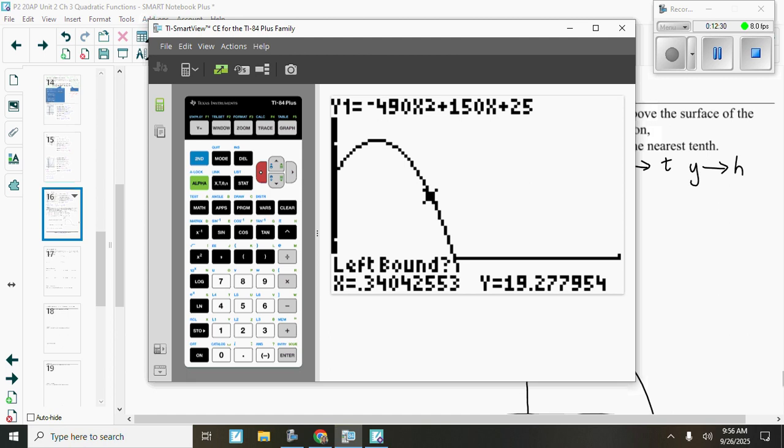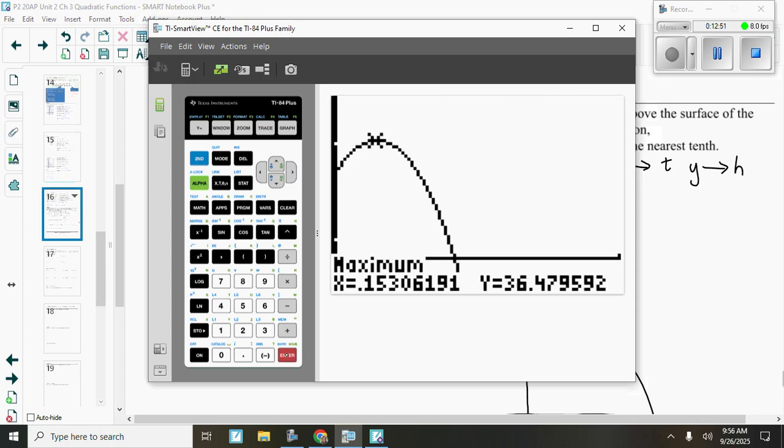Okay. So you can bring it up, or I believe that you can just type in a number if you know that that's to the left. If you're not sure what's to the left, just use your arrow over until you get to the left. Now I'm for sure to the left, and then just nudge it over a little bit to the right so it can find that max. Okay, there we go.